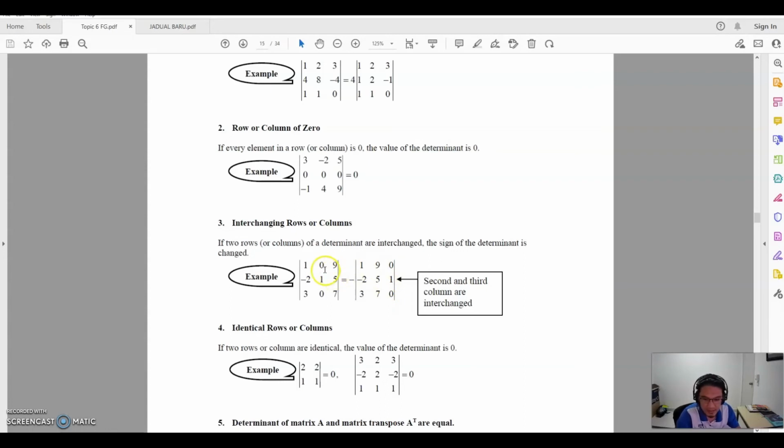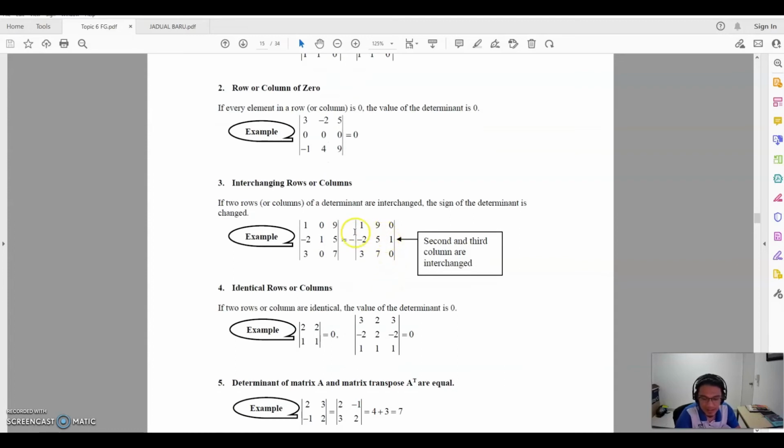As you can see, these two columns are interchanged. So when we do the interchange, we need to add the symbol of negative for its determinant, if we change the row and column.